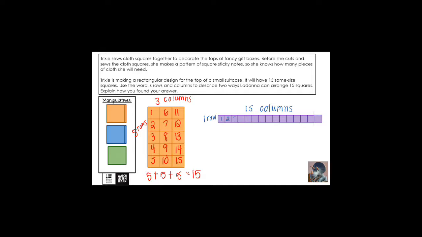One, 2, 3. These are showing two different ways of how I could place my 15 squares. There's other ways I could do, but these are the ways I chose to do.